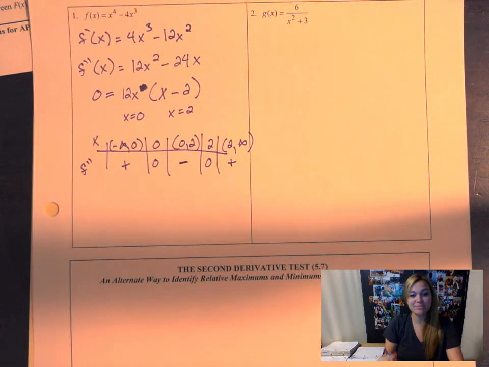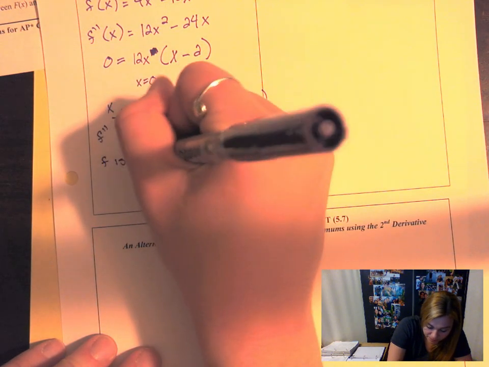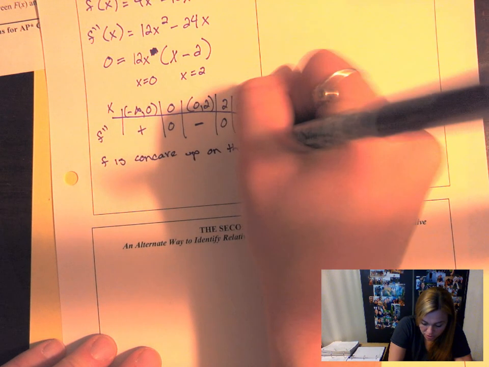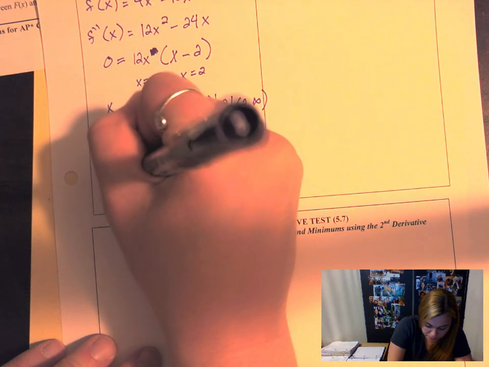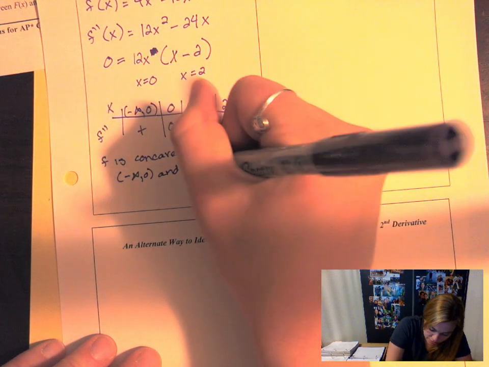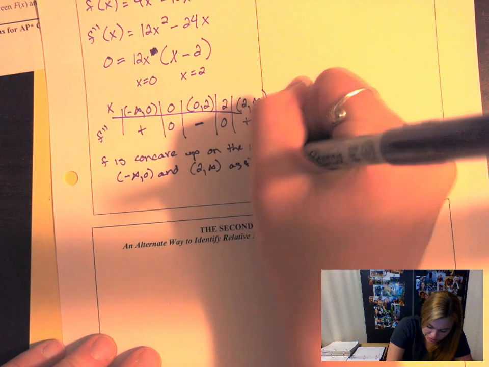This is the same thing like we did before, but I'm going to say f is concave up. So slightly different language on the intervals. Negative infinity to 0 and 2 to infinity as f double prime is greater than 0.